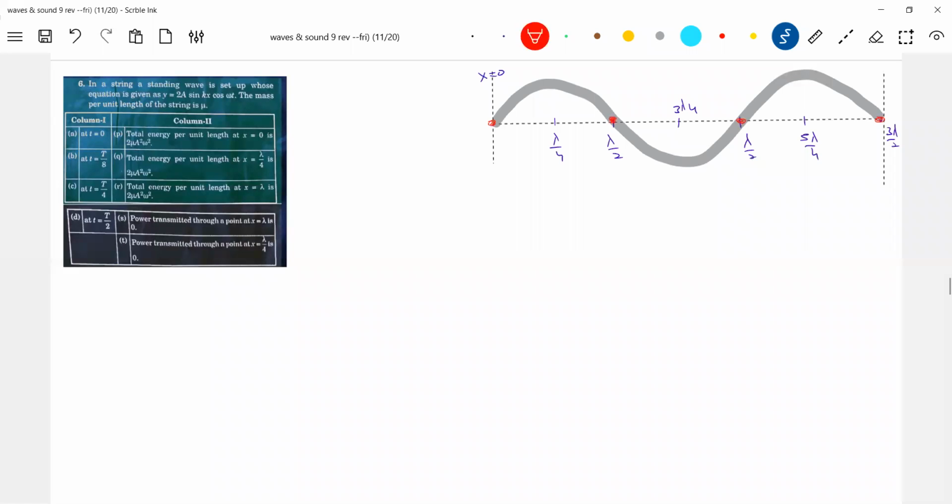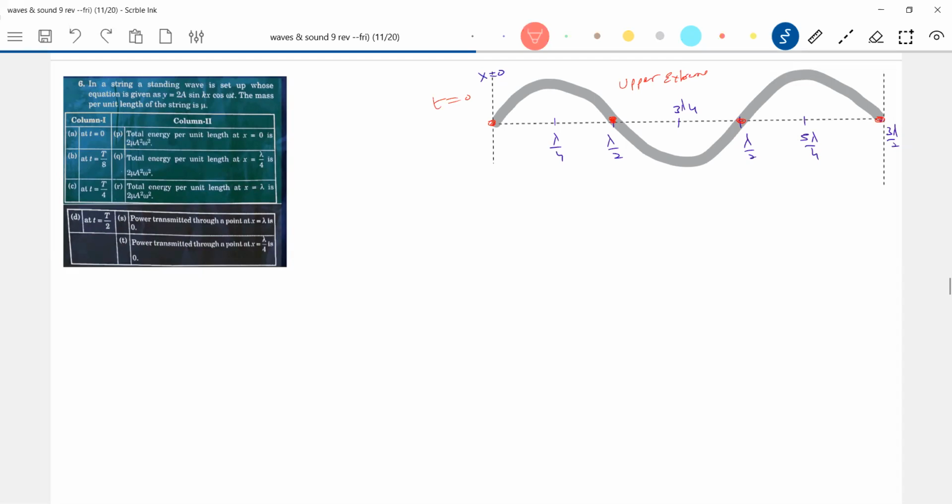Okay, now one thing. Let the whole string be at upper extreme, and let me define. We have to look at this equation, no? At t equal to 0, will it be at upper extreme? So we'll differentiate.